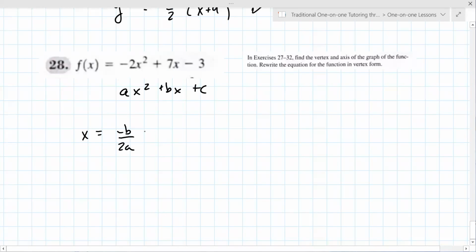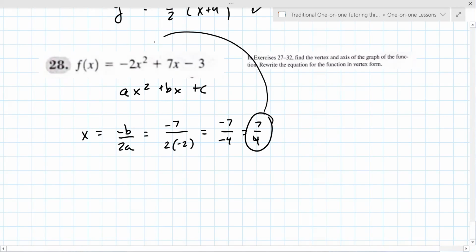That's the x coordinate. So your b here, this doesn't work out very nicely, but your b is 7 over 2 times -2. So that's -7 over -4, which is 7 over 4. The c value you get from putting this right here back in for x.